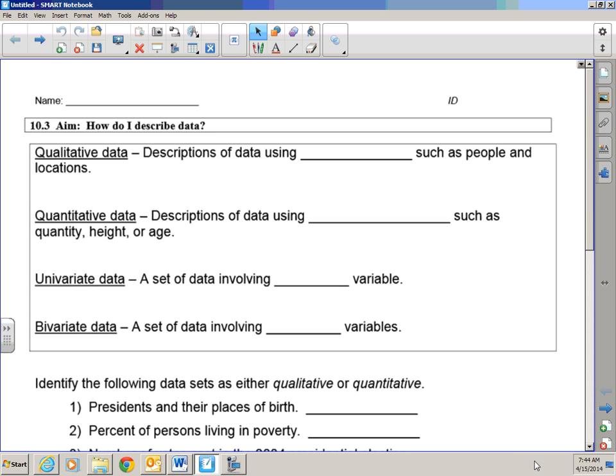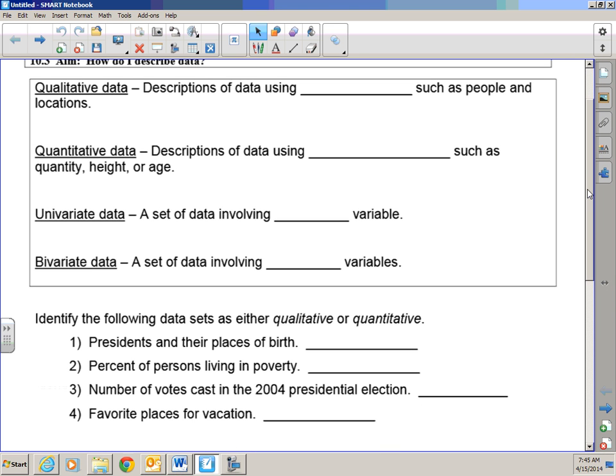Okay, so today's lesson is going to go through some vocabulary on ways to describe different types of data. You'll see that each pair is basically mutually exclusive. The first pair is qualitative versus quantitative, and like anything, you can figure out what the word means by looking at its derivative.